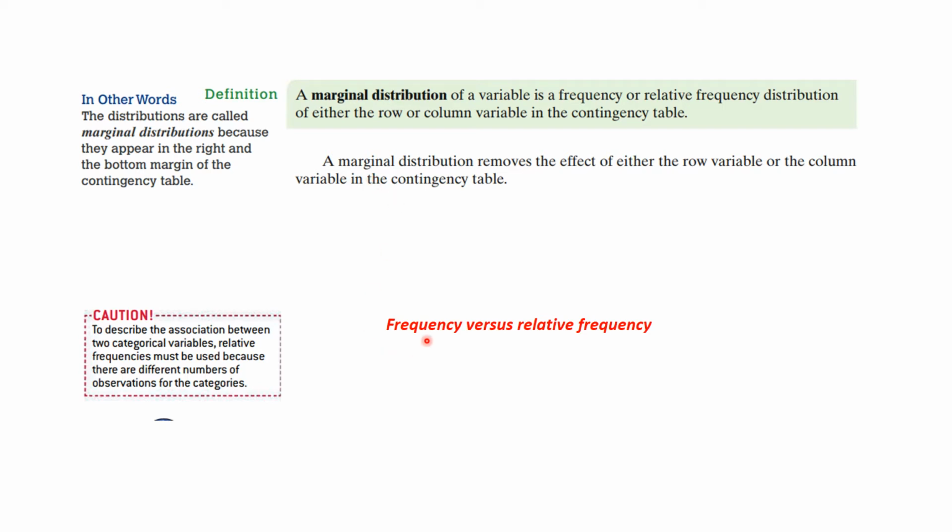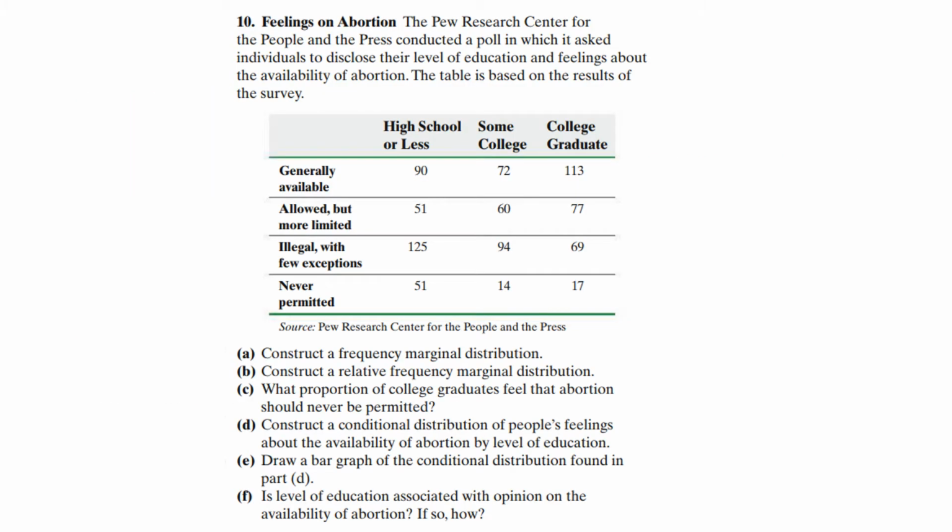We also talk about frequency versus relative frequency. Relative frequency removes the factor of how many people from each category were sampled, and we're getting percentages. Relative frequencies must be used because there are different numbers of observations for each category.